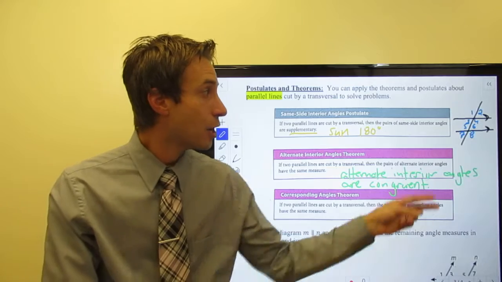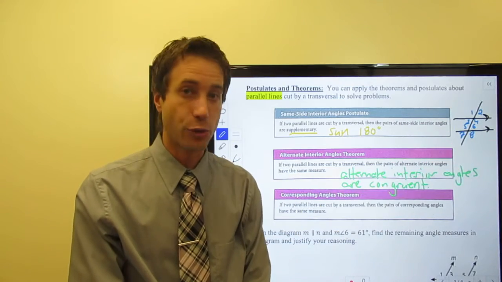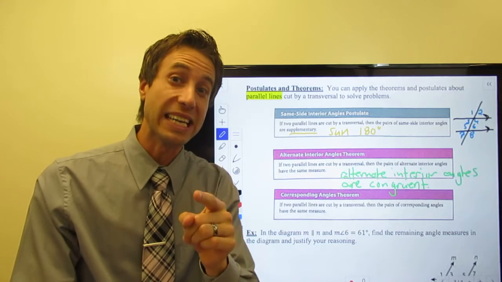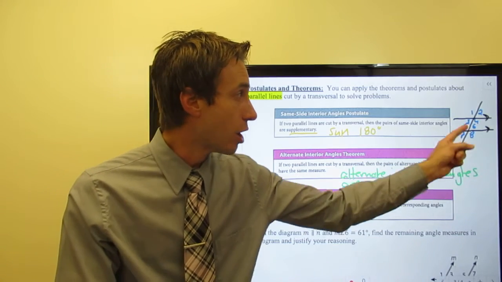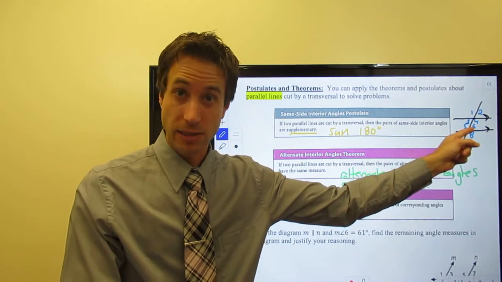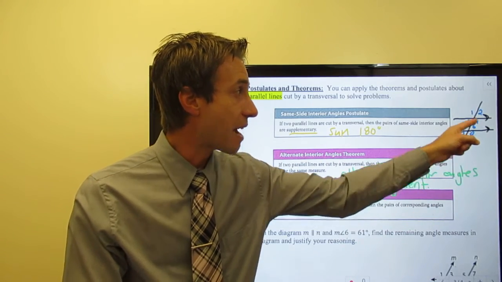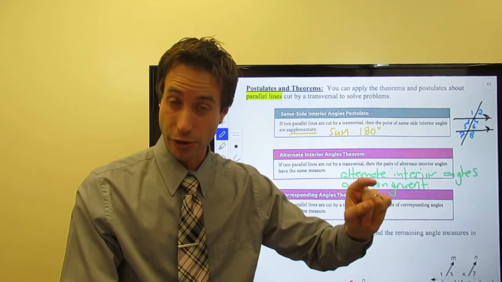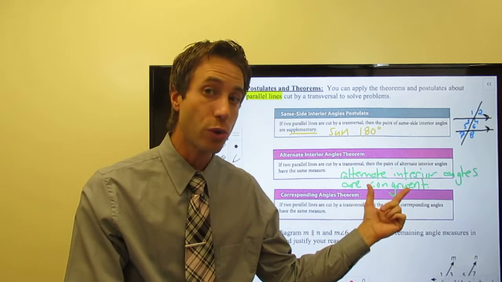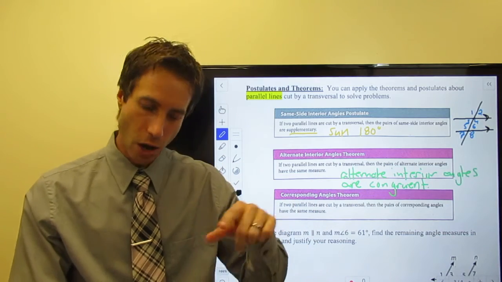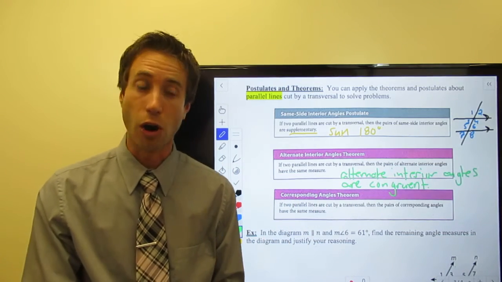If I have two parallel lines cut by a transversal, alternate interior angles on opposite sides of the transversal, 3 and 6, have the same measure. They're congruent based on this theorem. 5 and 4, alternate interior angles, are congruent based on this theorem. As long as those two lines are parallel, alternate interior angles are congruent.